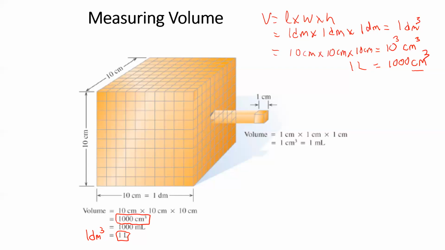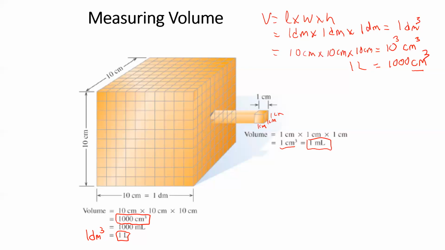So if I take a smaller portion, if I just take one of these little cubes, right, because there's 1,000 of these centimeter cubes in this, if I just take one of them and it's 1 centimeter by 1 centimeter by 1 centimeter, that 1 centimeter cubed is 1 milliliter.